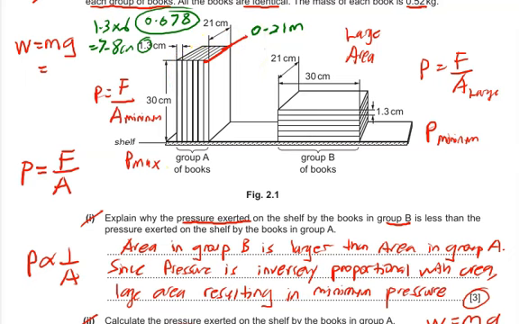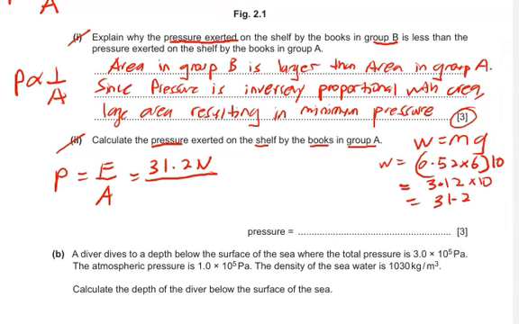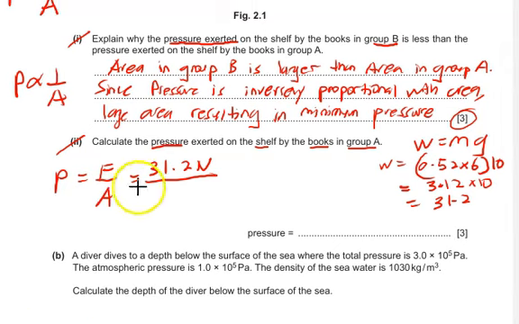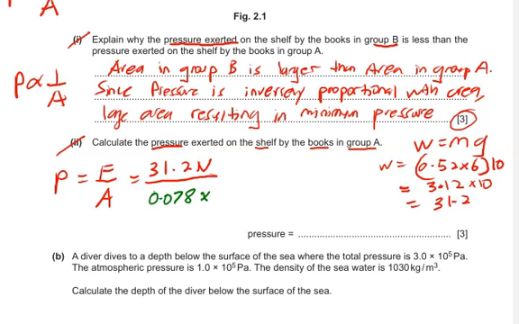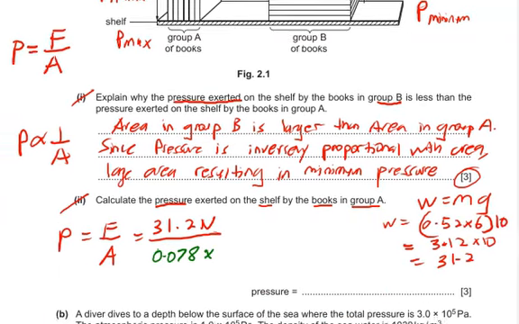So the area will be 0.078 meter multiplied with 0.21 meter.